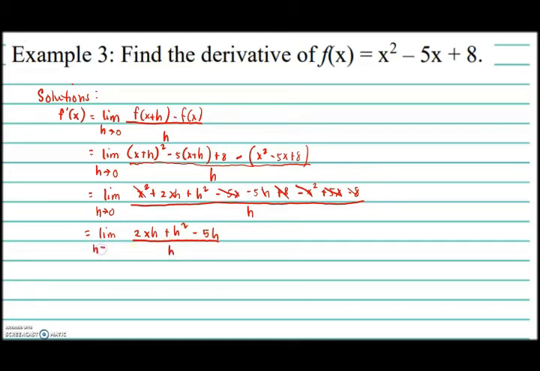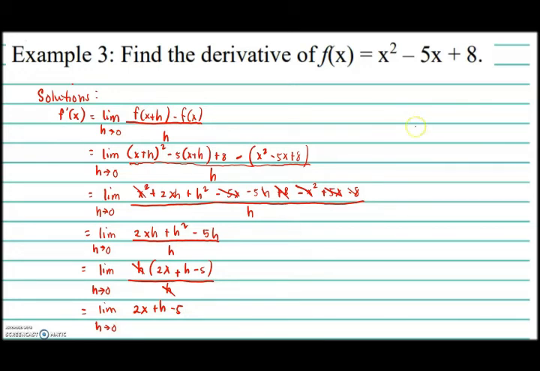as h approaches 0. Okay, factor out your numerator, so we can cancel out h or divide out h. So we have the limit of h times (2x + h minus 5) all over h as h approaches 0. Divide out h, so we are left with the limit of 2x + h minus 5 as h approaches 0.